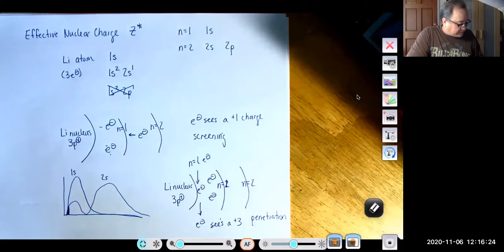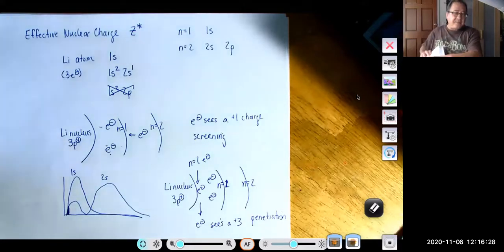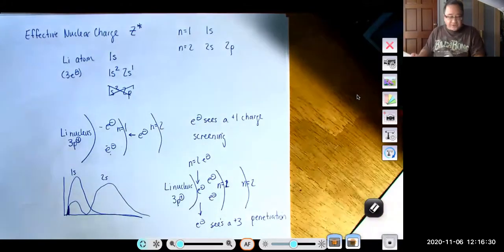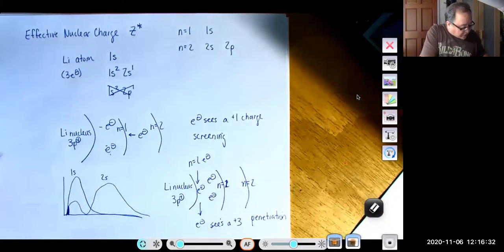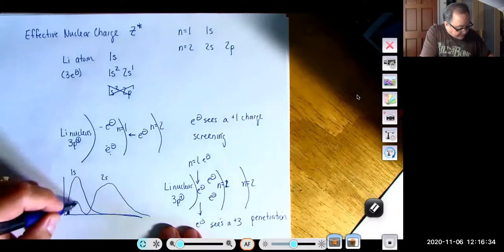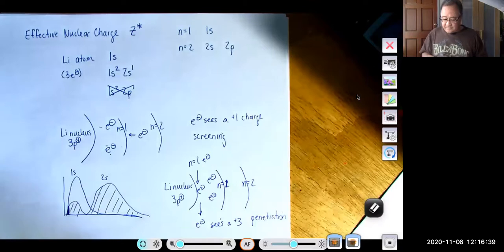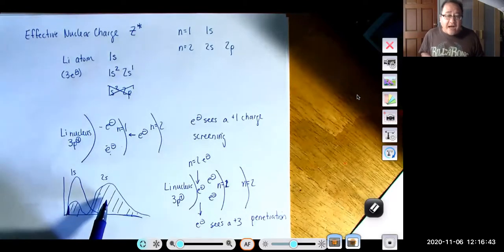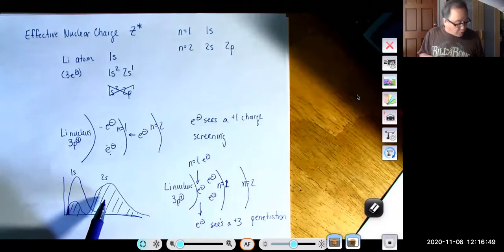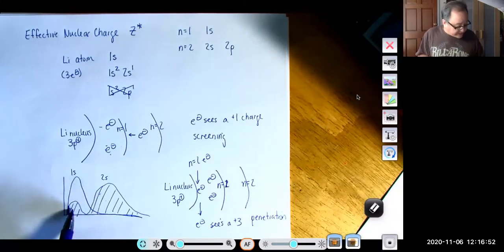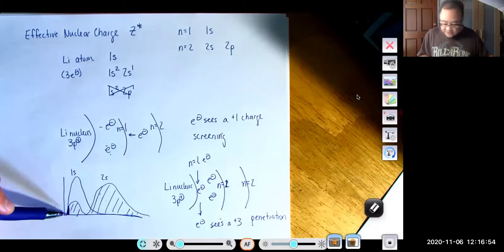Okay, so the result is that the electron doesn't see a +1 charge and it doesn't see a +3 charge, because the electron could be anywhere underneath this graph. And so we have to have a weighted average. And if we take a look, it looks like the electron usually is outside of those other 2 electrons. So its effective nuclear charge should be closer to 1 than it is to 3 because it's really not inside too often.